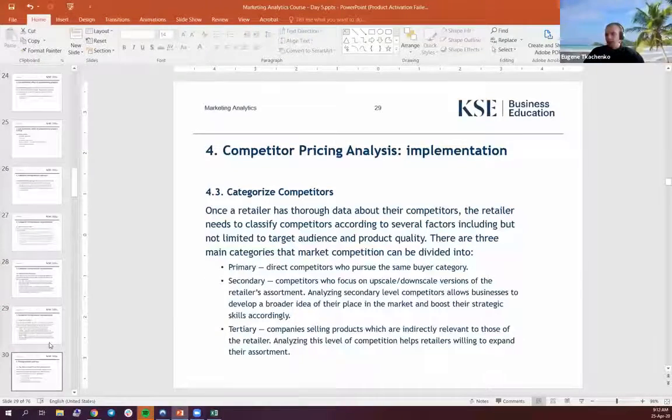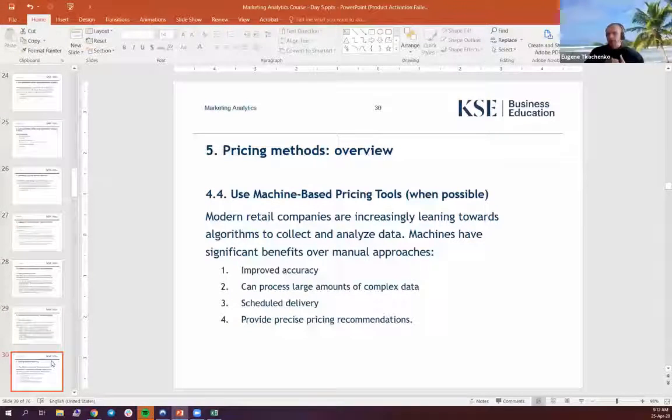And basically, competitor pricing analysis runs not only by humans, as I mentioned before, but with machine-based pricing tools. So again, it's the best thing to have when it's possible and when it's available. Because nowadays, the world around us is all about digitalization.